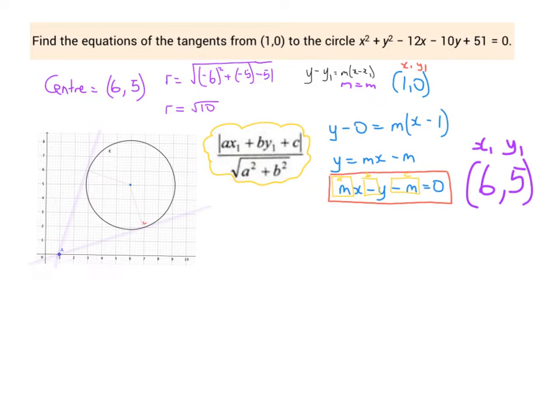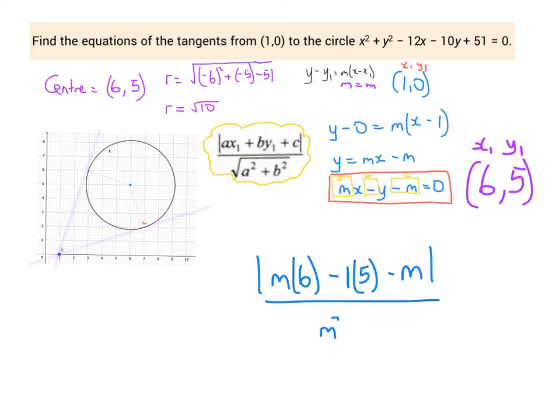So here we have the absolute value of m bracket 6 plus b, which in this case is minus 1 bracket 5, plus c, which in this case is minus m, all over the square root of a squared, so m squared, plus b squared, which is minus 1 squared, and all of that is equal to our radius, which we worked out to be the square root of 10.